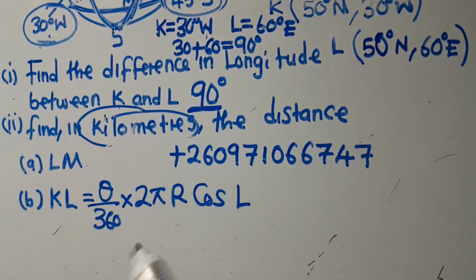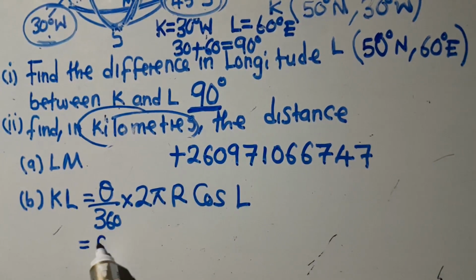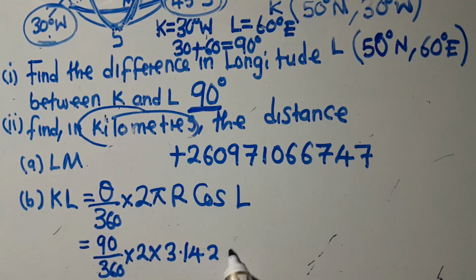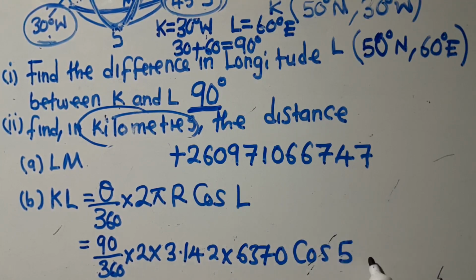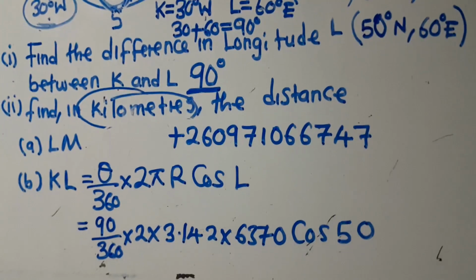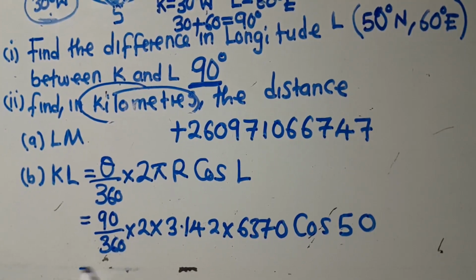Where I'm going to say this is equal to 90 over 360 times 2 times pi, like this, times radius 6370 cos, the latitude is what? 60. What answer are you getting there when you punch on our calculator?